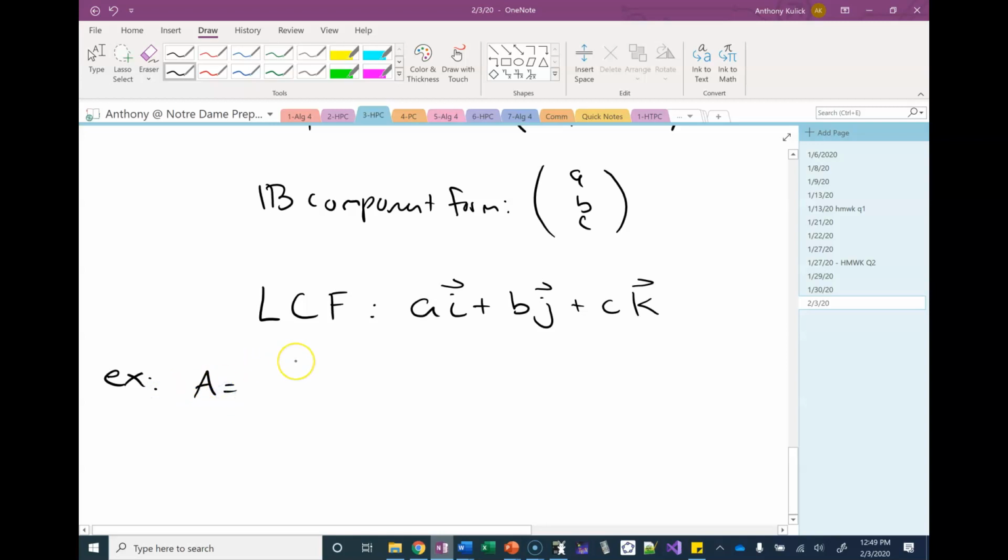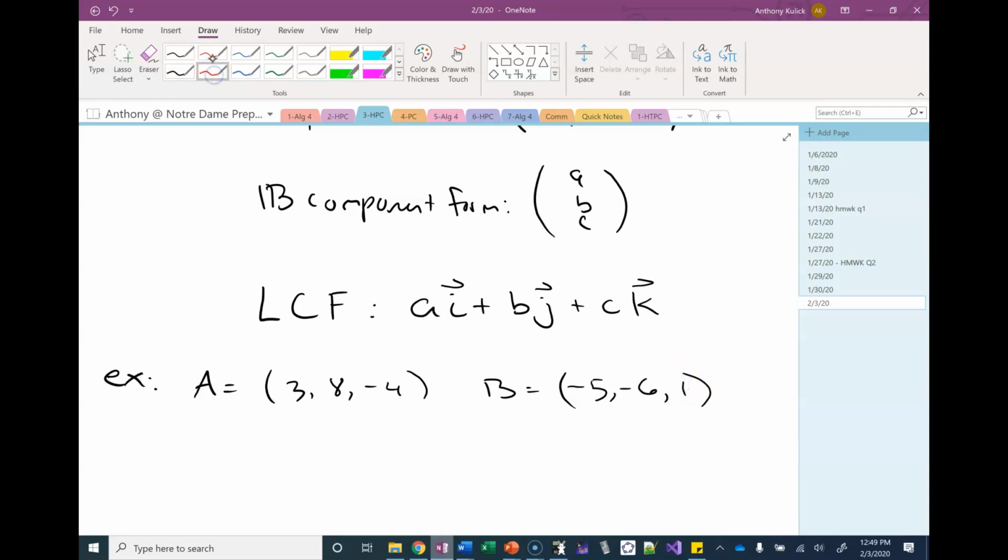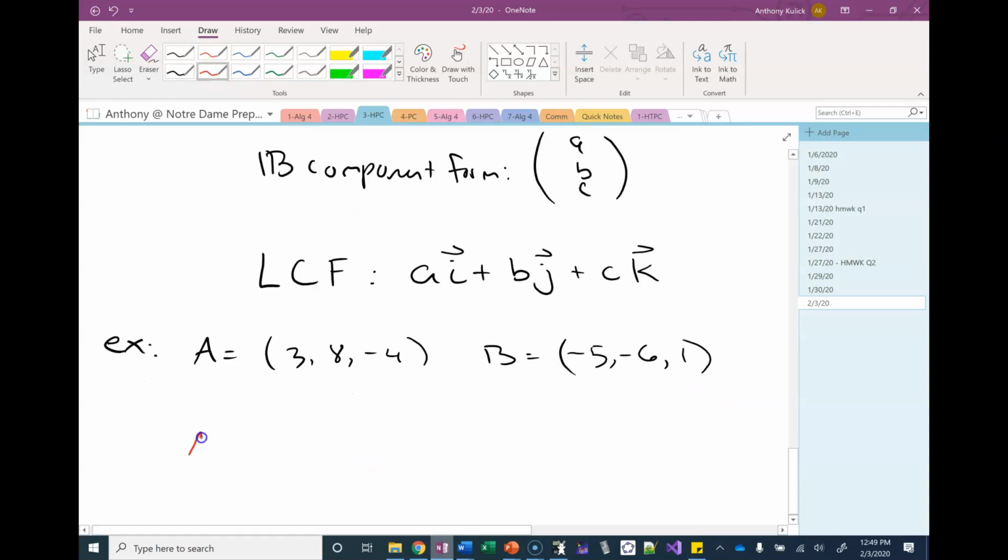So, for example, let's say that we have the point A, 3, 8, negative 4, and then B is the point negative 5, negative 6, positive 1. And we want to write the vector AB.